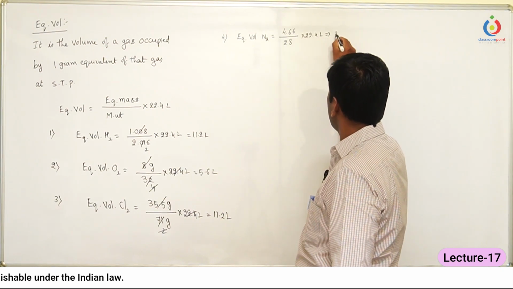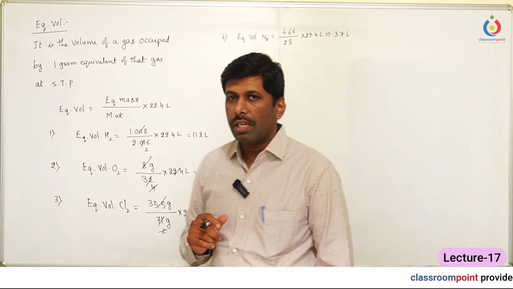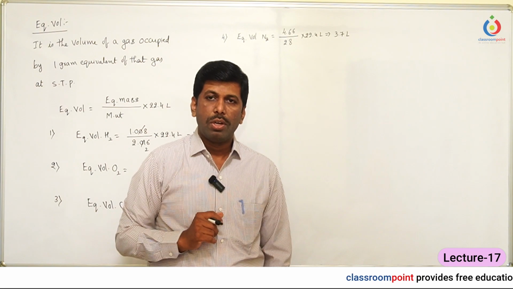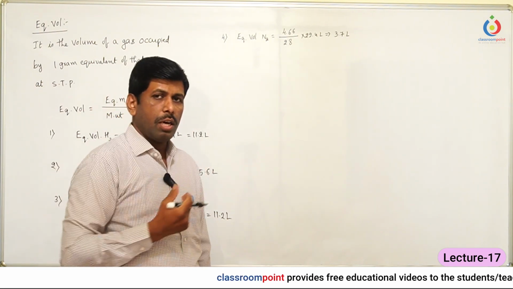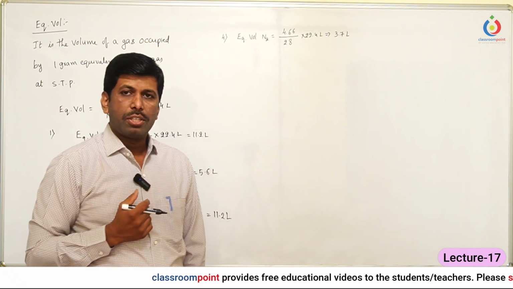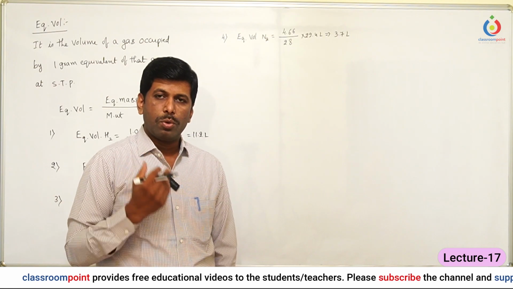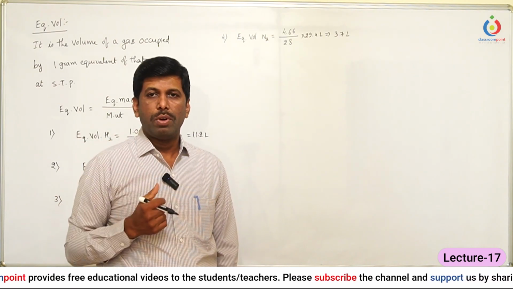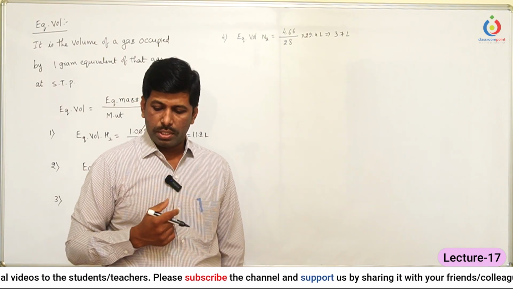So this value will be equal to 3.7 liters. Like this we can calculate the equivalent volume of gases at STP conditions. Now let's move on to the calculation of the number of gram equivalents, and afterwards we shall see some questions on how to use both the equivalent volume and number of gram equivalents in solving the questions.